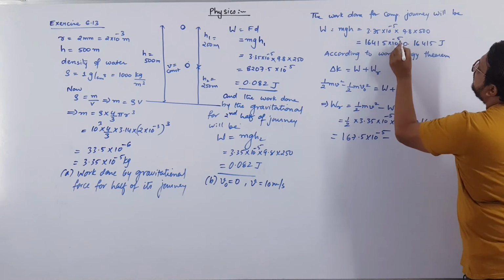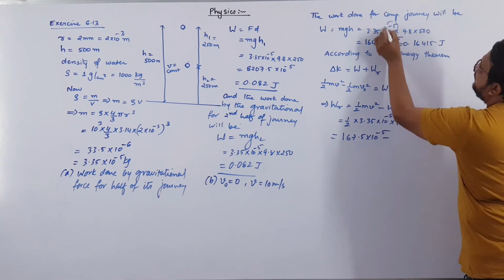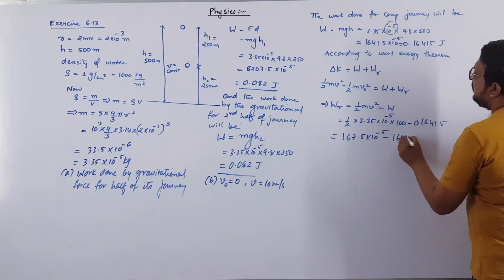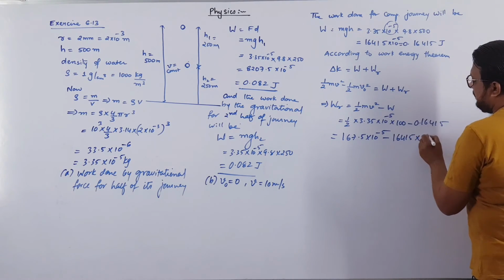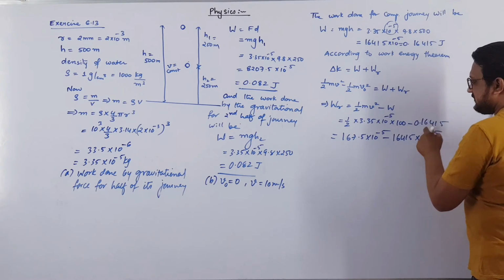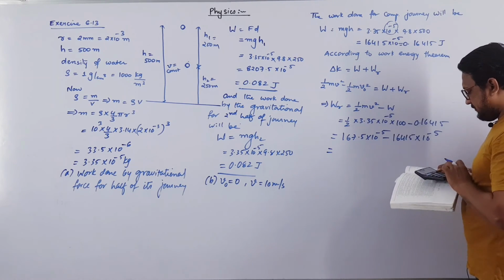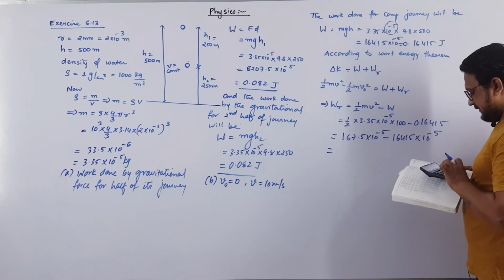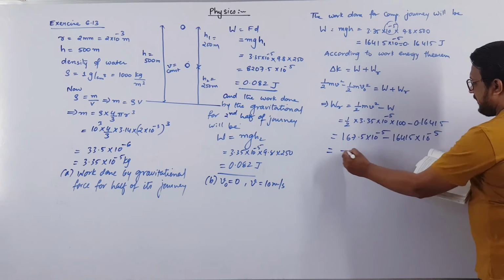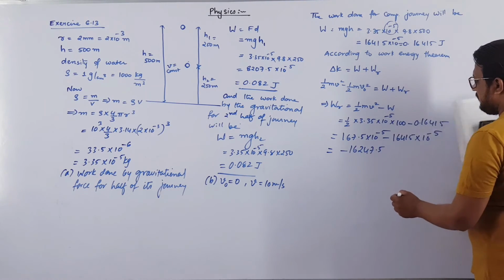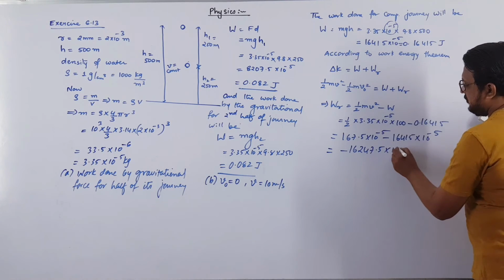So if you want directly, you can write this as 16415 into 10 to the power minus 5. Let us solve in both ways. So minus 16415 will give you 16247.5 into 10 to the power minus 5.